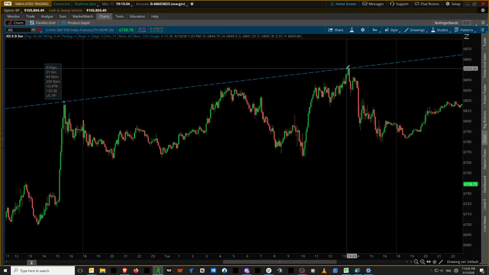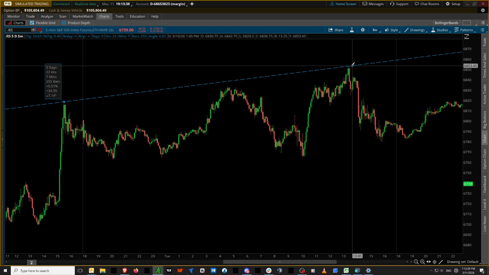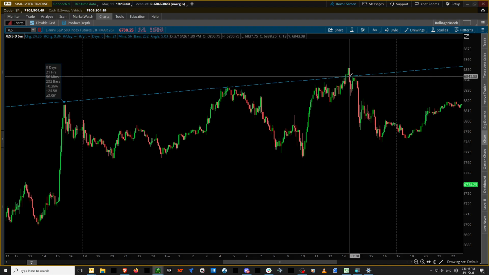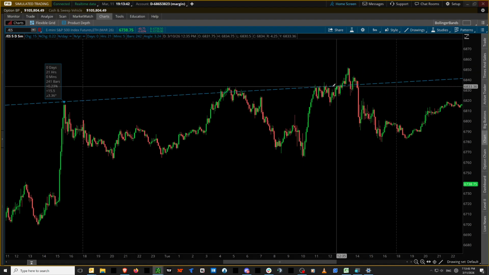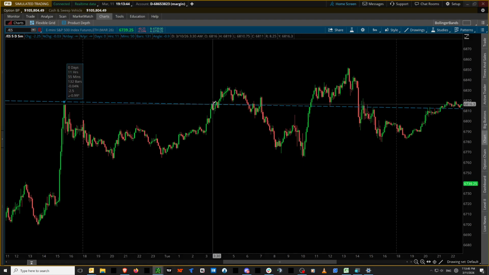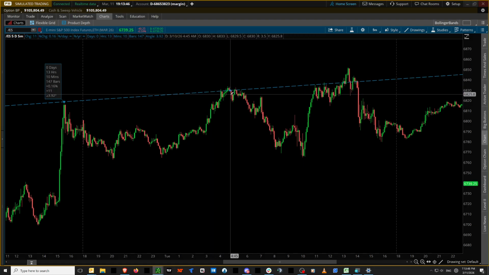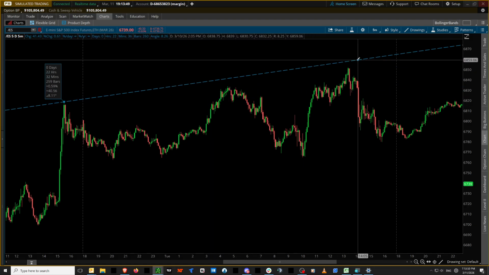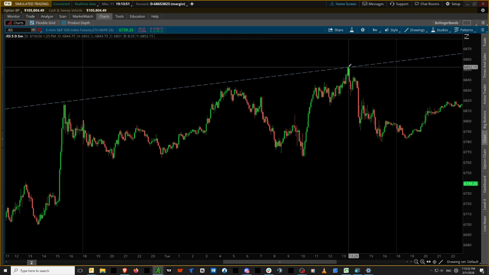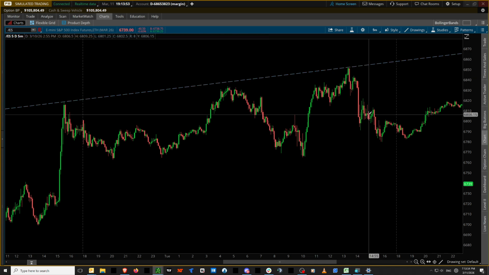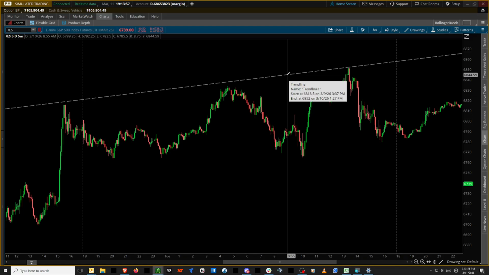I ask myself, which one is the more significant? And the truth is, this one over here is. As you can see, this was a big pull up away from the crowd, where this one just kind of moseyed on up and lollygagged around. So this is my more extreme high. I like that. So there's a higher high.